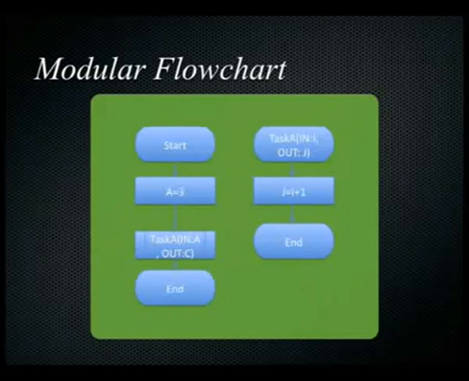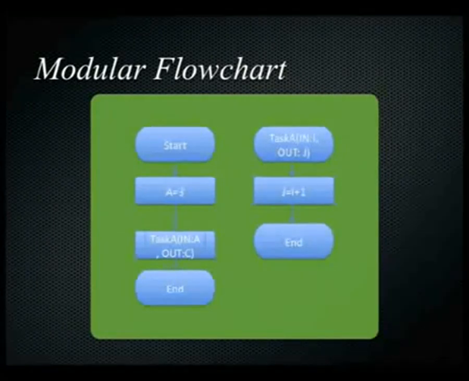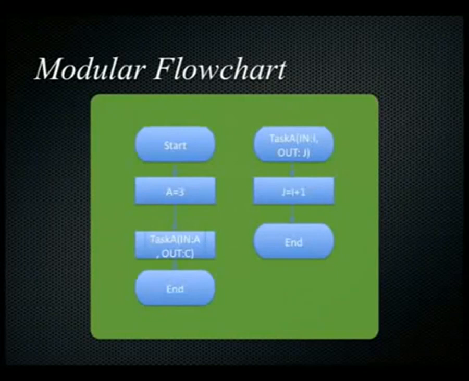Something to keep in mind here is that when we call that predefined task, in the predefined task block, we have in A. That A variable in our main flowchart is in fact mapped to our I variable inside our predefined task. So therefore, I will be equal to A. Same thing when we get to the end of our predefined task and we've given a value to J. J is our output.